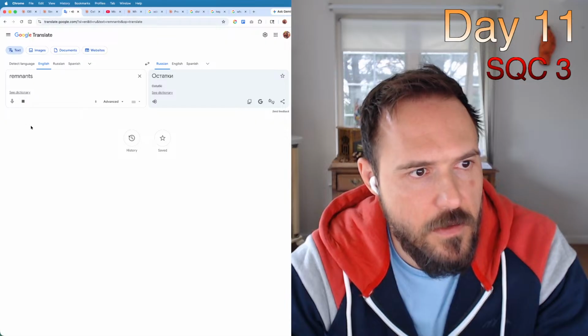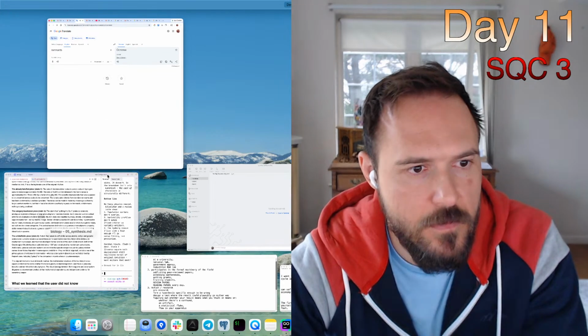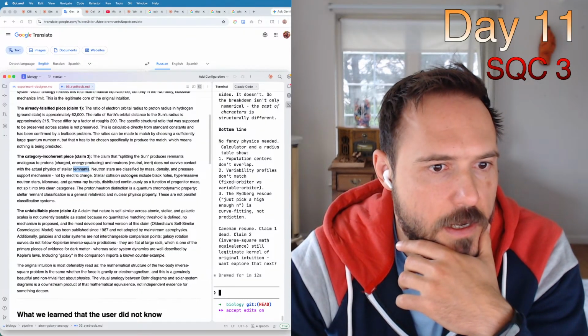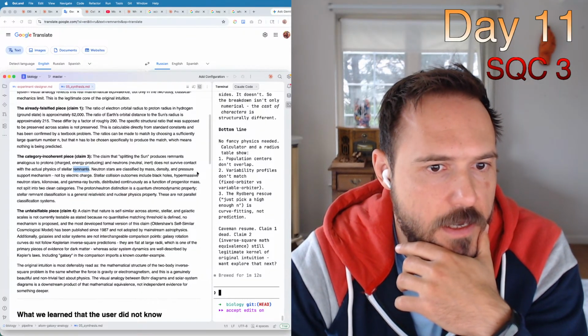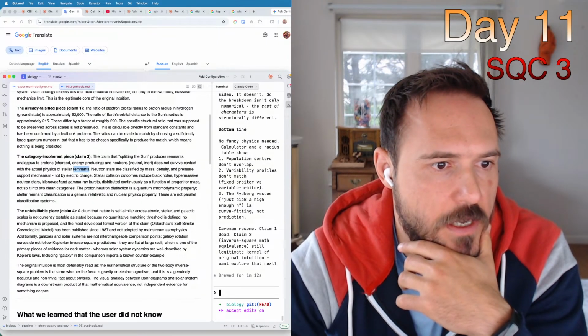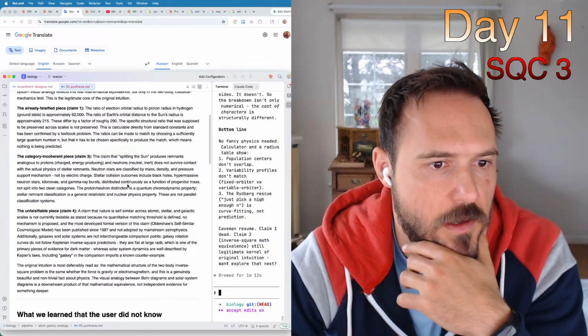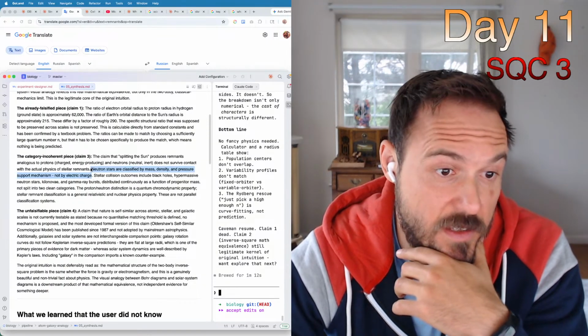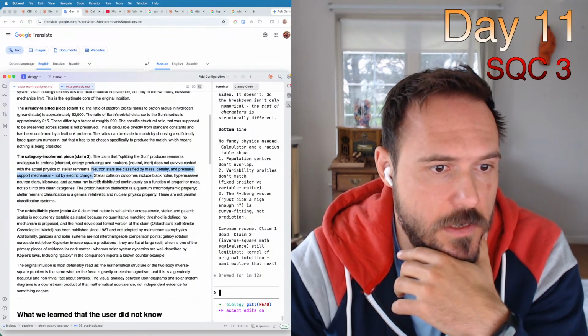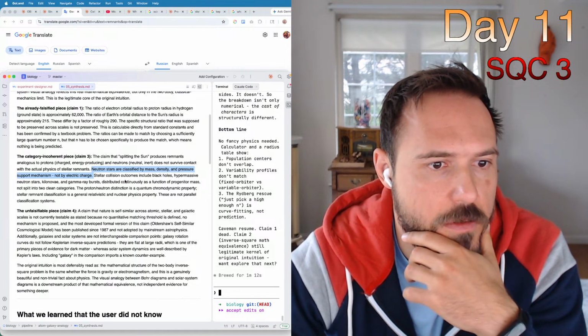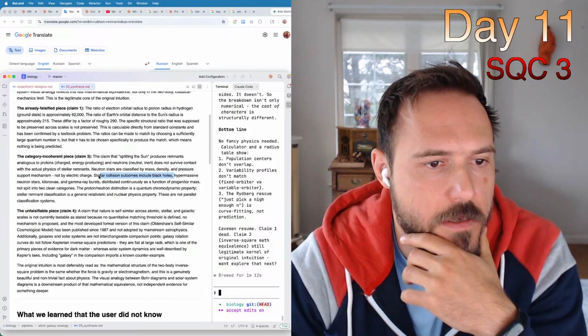Remnants, remnants. That's so cool. Neutron stars are classified by mass, density, and pressure support mechanism, not by electric charge. Yeah, we knew that. Stellar collision outcomes include black holes. Oh, interesting. Yeah, that's very good.